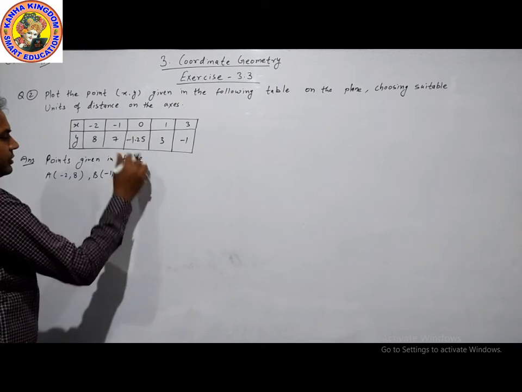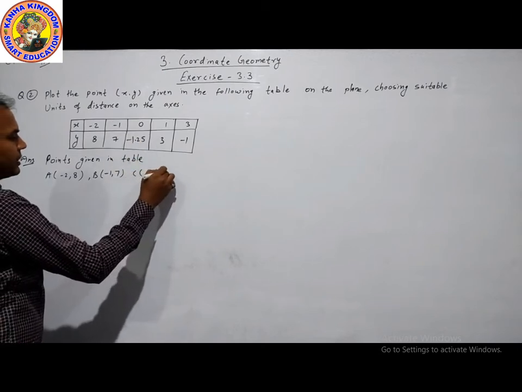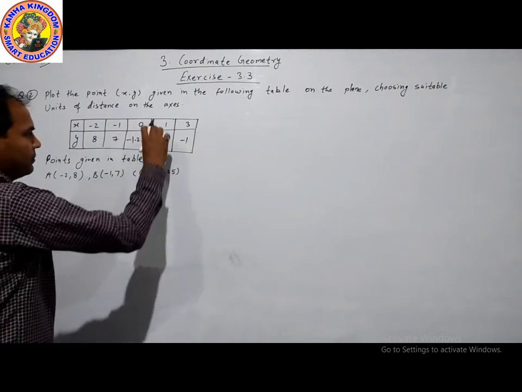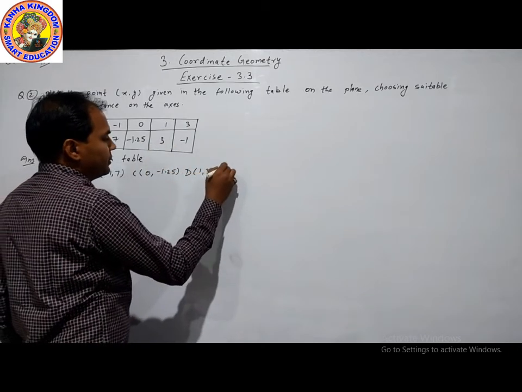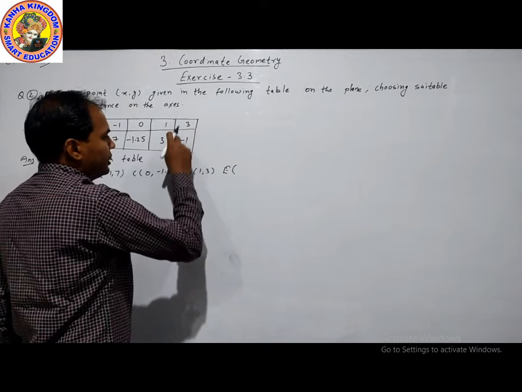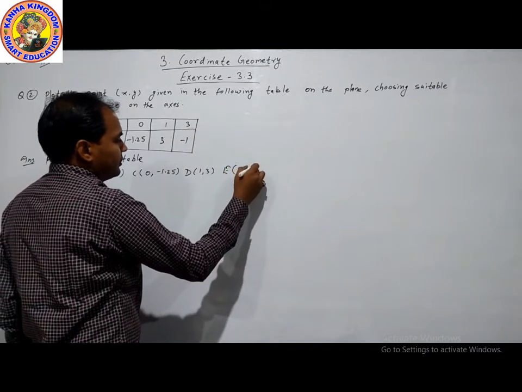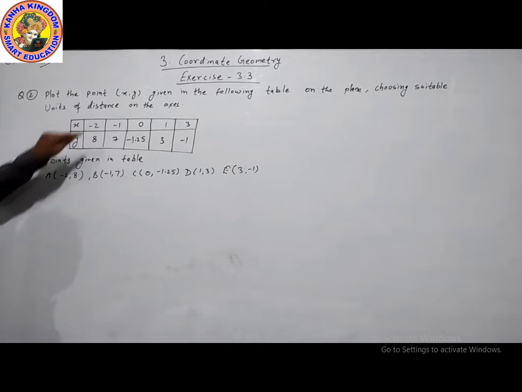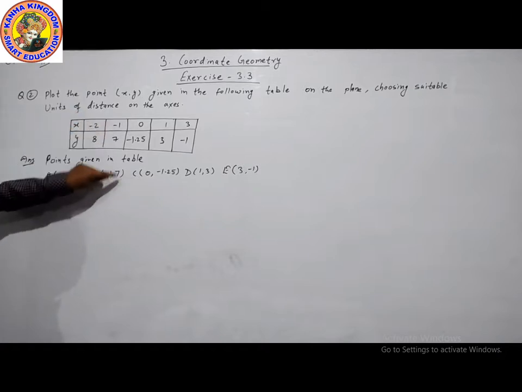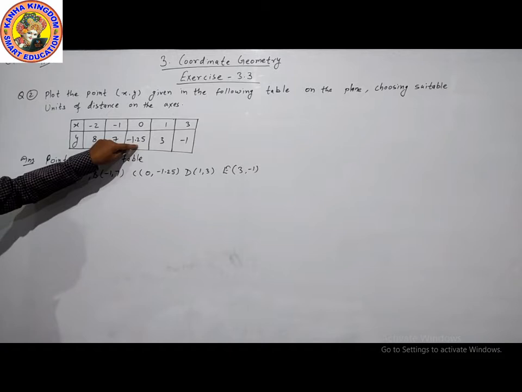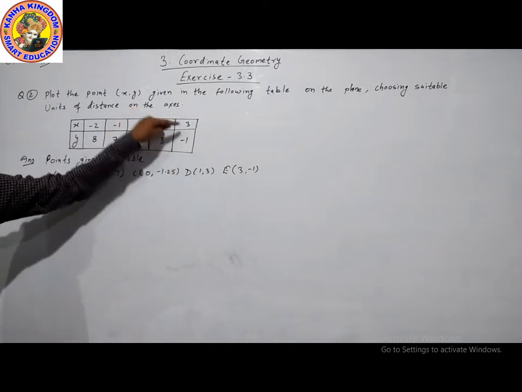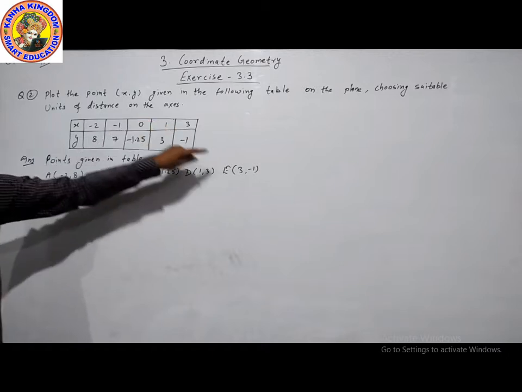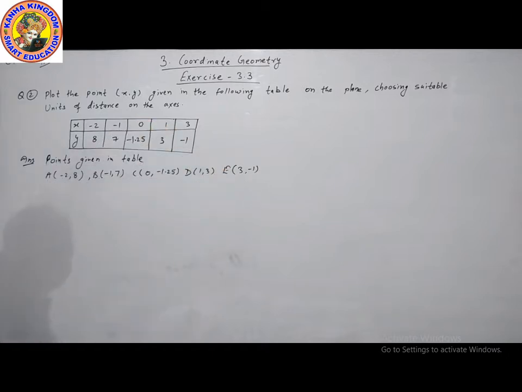Now point C, 0, -1.25. Now point D, 1, 3. Point E, 3, -1. Point A is -2 and 8, B is -1, 7, C is 0, -1.25, D is 1 and 3, E is 3, -1. These are the points.